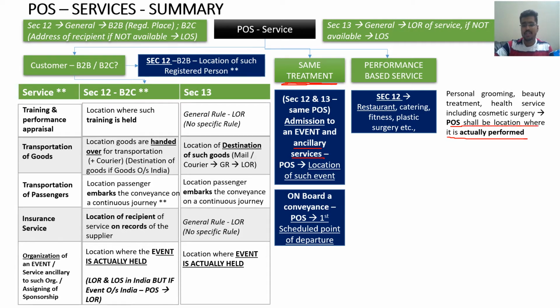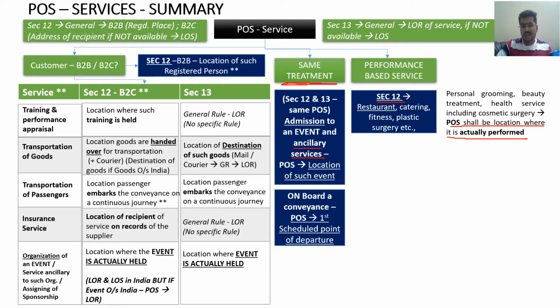So this is under section 12, that is both of you are in India. So let's say you are working for a company in Delhi, and you are coming for a short visit to Chennai, and here you are eating in a restaurant joint.